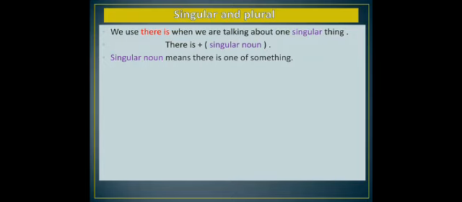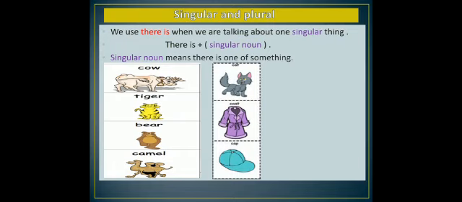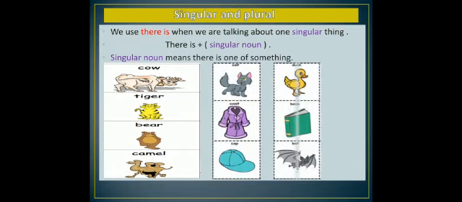Singular noun means there is one of something. Like here in the picture, we have got just one cow, a tiger, a bear, a camel, a cat, a coat, a cap, a duck, a book, a bat.